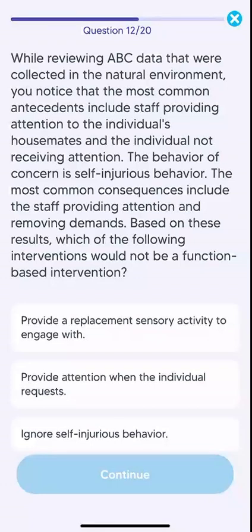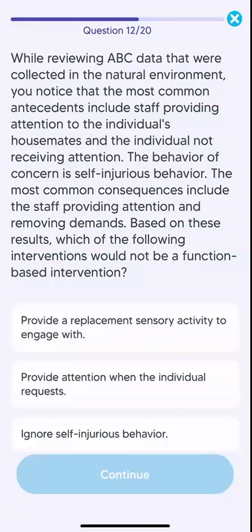The most common consequences include the staff providing attention and removing demands. Based on this result, which of the following interventions would not be a function-based intervention? Provide a replacement sensory activity to engage with, provide attention when the individual requests, ignore self-injurious behavior.